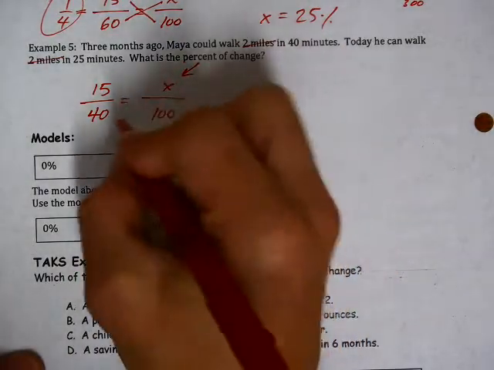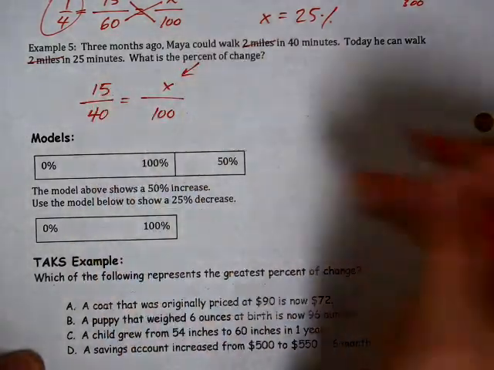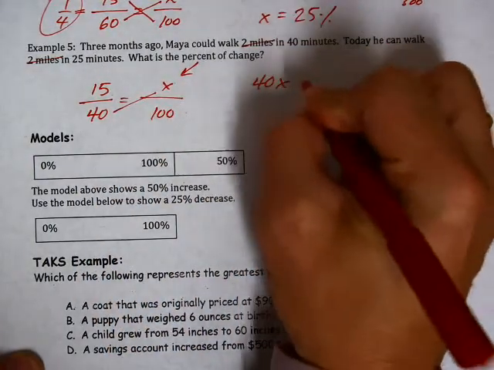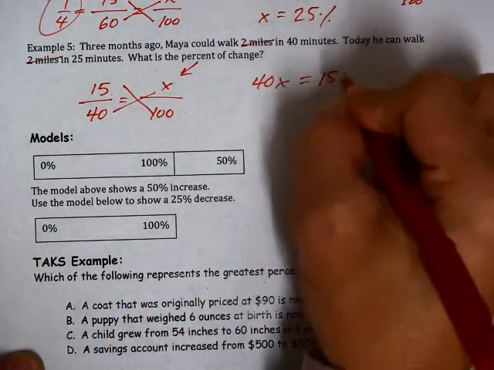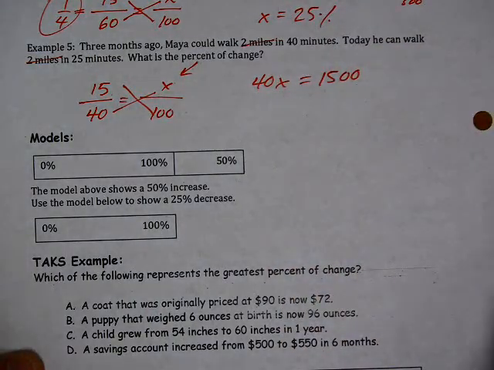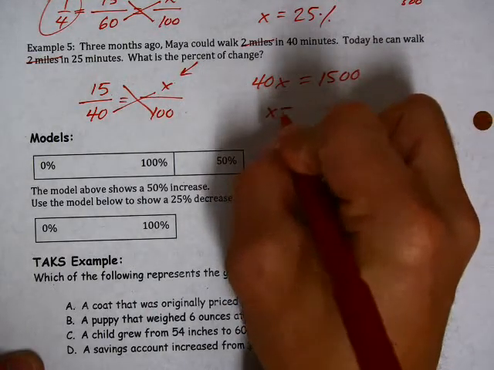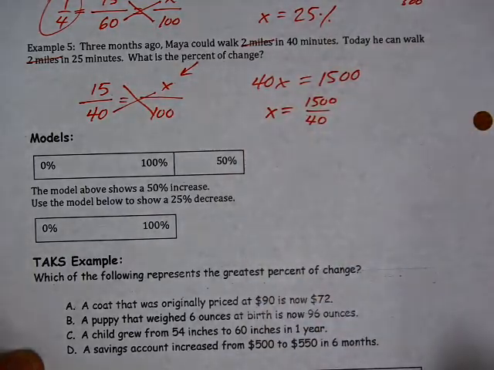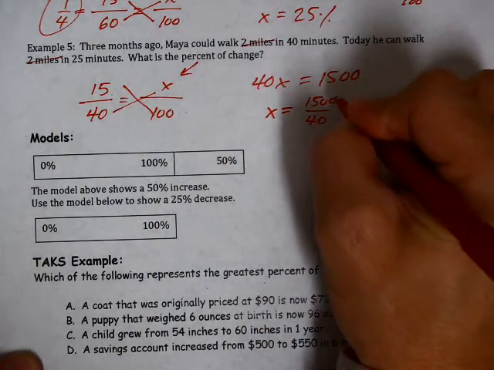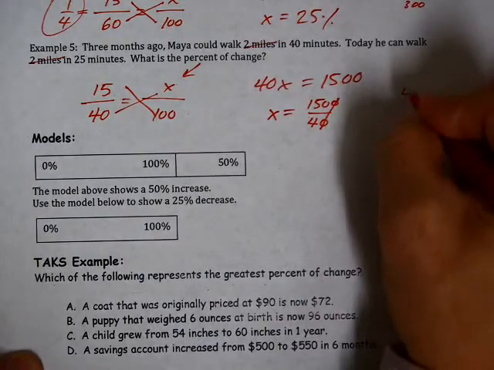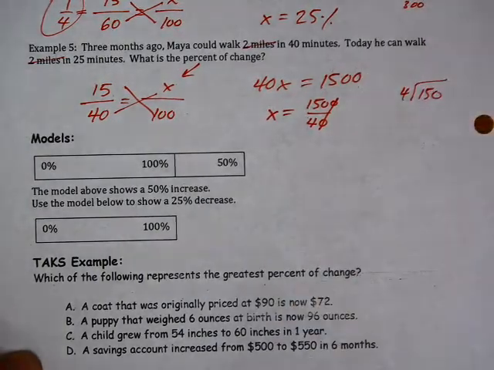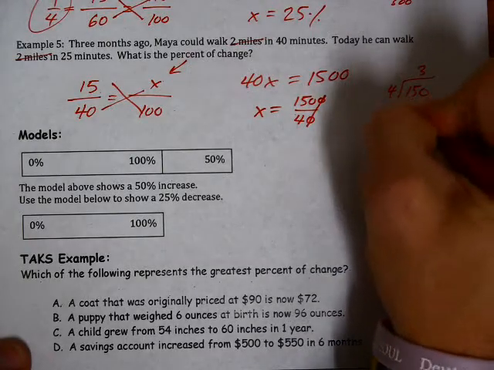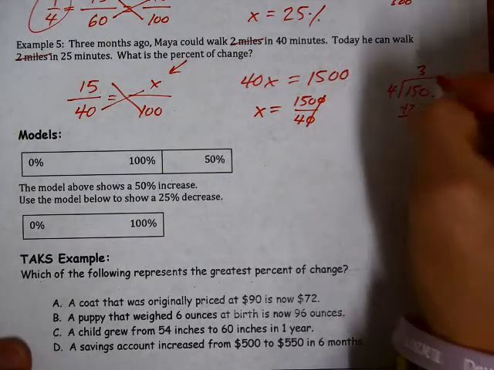So I would probably reduce this first, just as a good thing to do, but we can do our cross multiplying also so that we see how that gets done. Okay, 40x equals 1500. x is what answer I get when I divide 1500 by 40. I could quickly do that, and then maybe come over here and do 4 divided into 150, which is probably going to have a decimal.